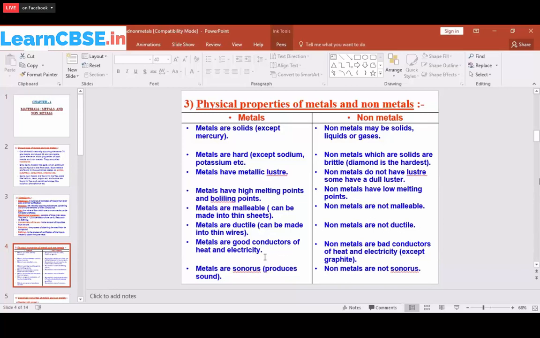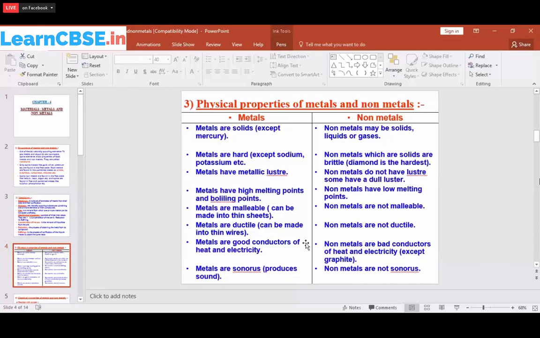Metals are good conductors of heat and electricity. How can metals conduct heat and electricity in the solid state? Because metals have free electrons in their structure. Non-metals are bad conductors of heat and electricity, except graphite.